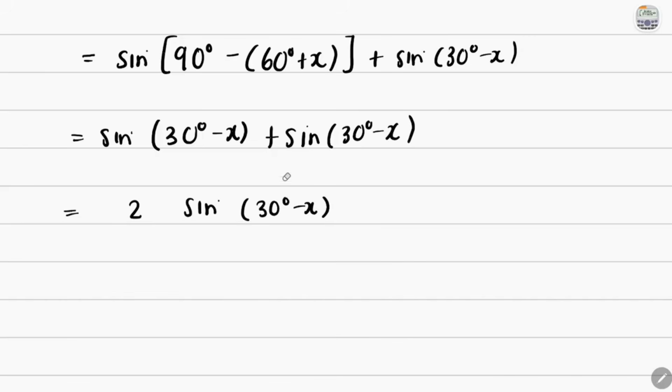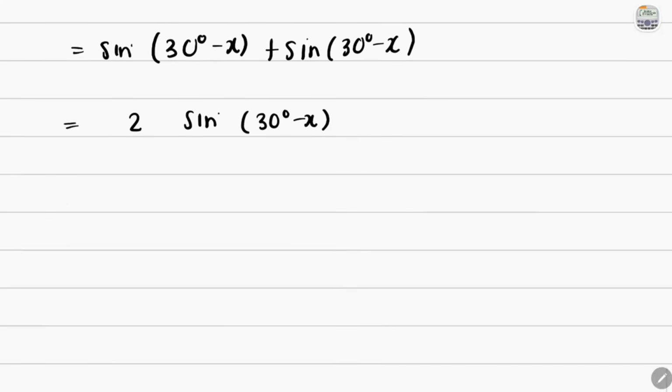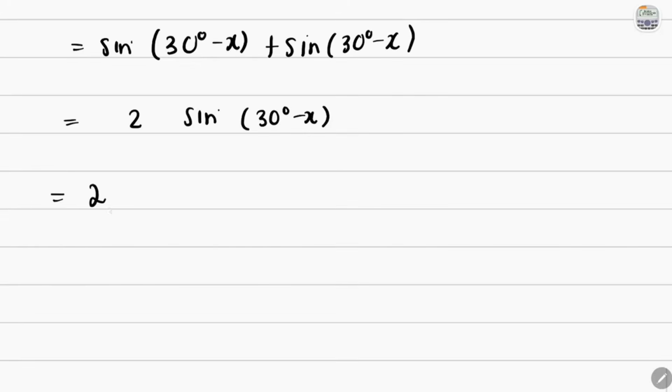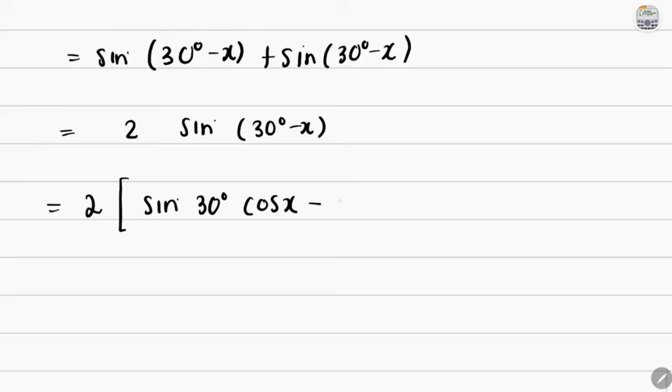And now we can use the compound angle expansion to expand it. So it's 2 multiplied by sine 30 degrees cos x minus, it stays minus like the above rule that we had, and then cos 30 degrees sine x.